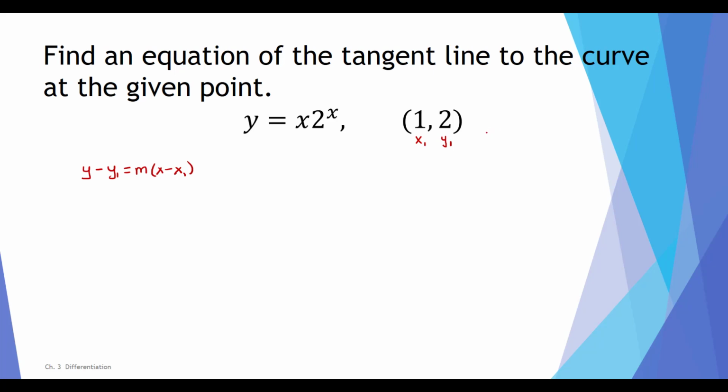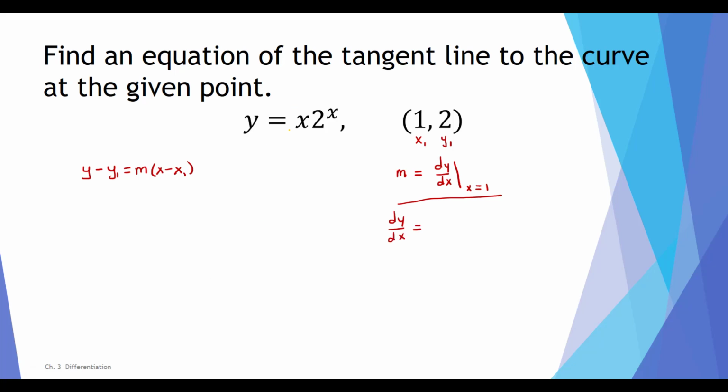The slope of a tangent line is the derivative at that point. So the slope that we need is the derivative dy/dx evaluated at the x value 1. So let's find the derivative.